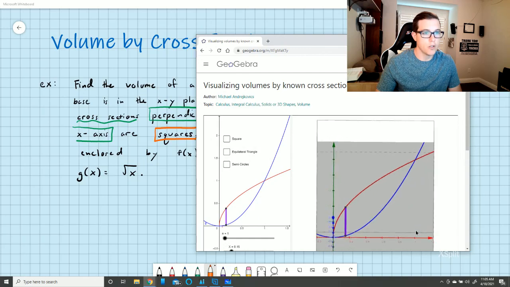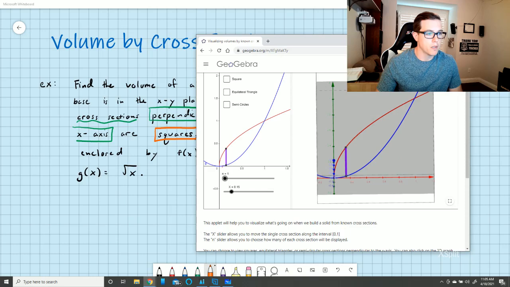All right, good enough. So what we're doing is this. We are graphing our two functions. So here is root x, the red one. Here is x squared. They are enclosed between (0, 0) and (1, 1).